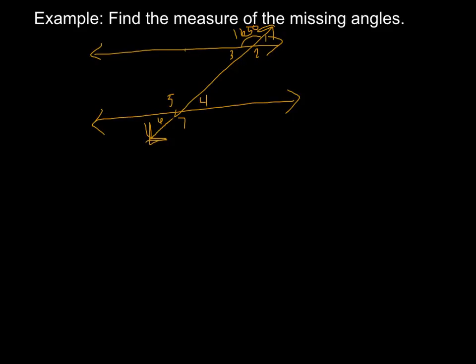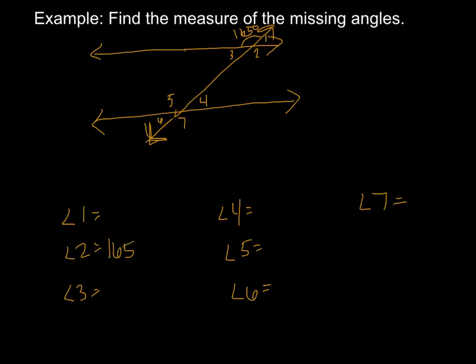Angle 1, angle 2, angle 3, angle 4, angle 5, angle 6, angle 7. We know angle 2 is 165 degrees because of vertical angles.